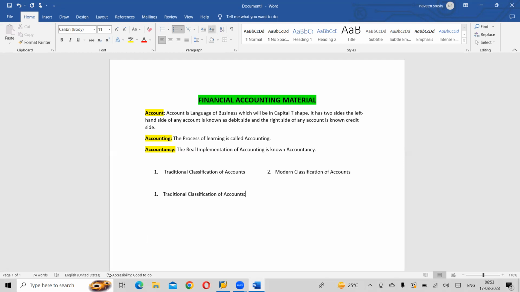As per the traditional classification, the accounts are broadly classified into two types: personal accounts and impersonal accounts.